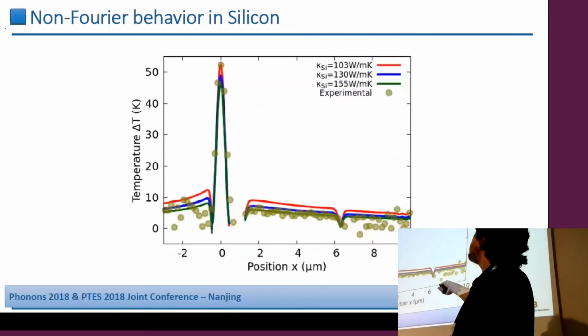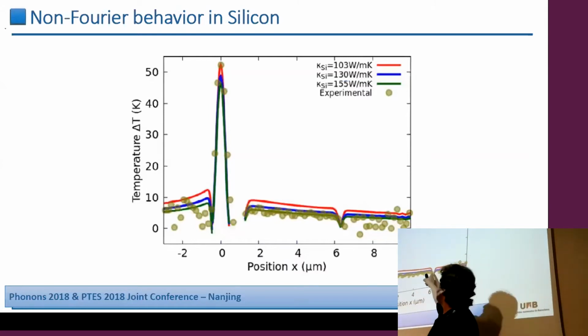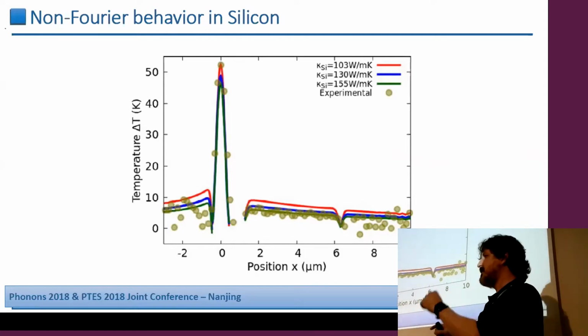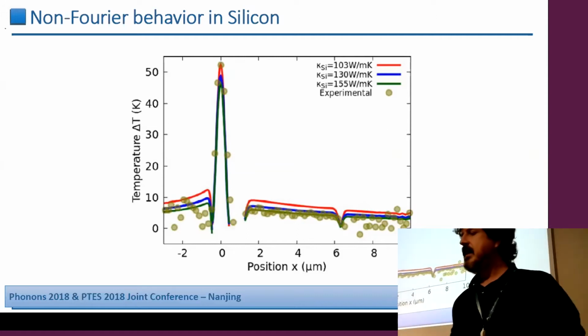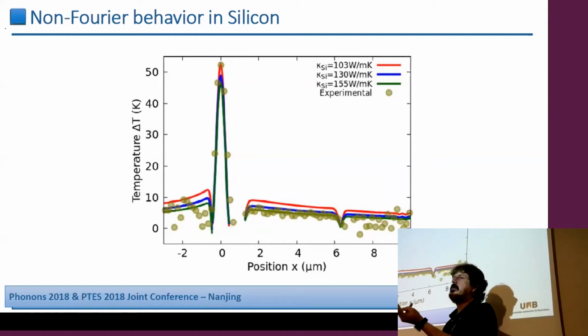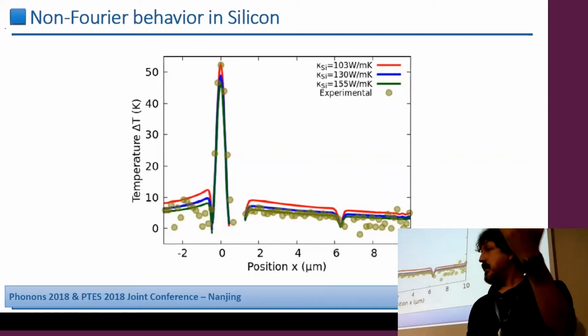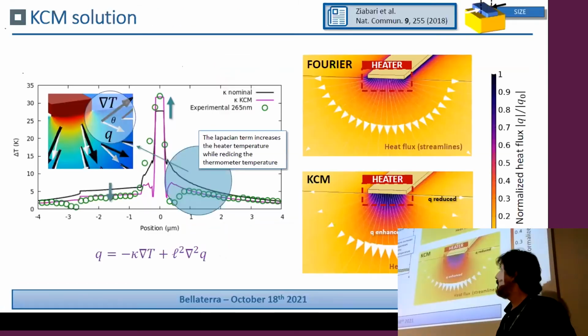Okay, these are the results for silicon. I could start here, but here on the side it is a little bit more tricky because there is much noise here, but it's more or less the same. Look at this. These are the three thermal conductivities, and you cannot fit it. You cannot fit the whole thing with the thermal conductivity.